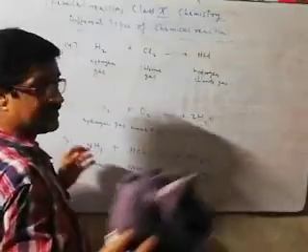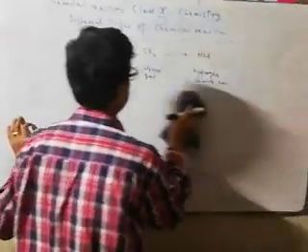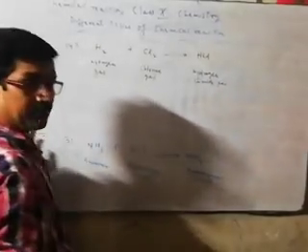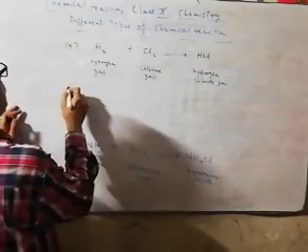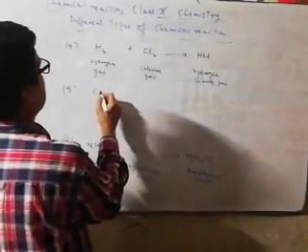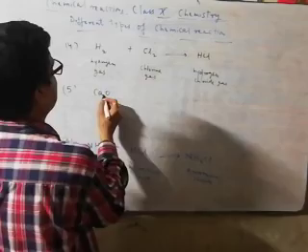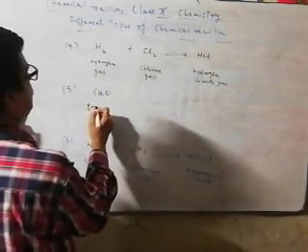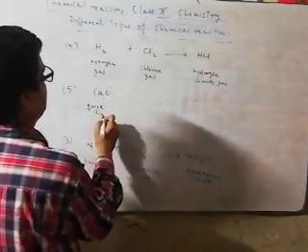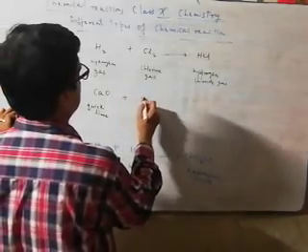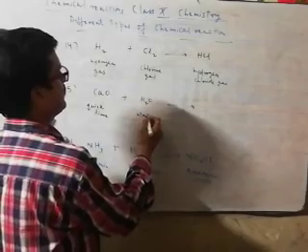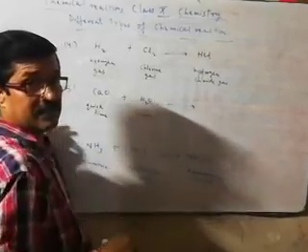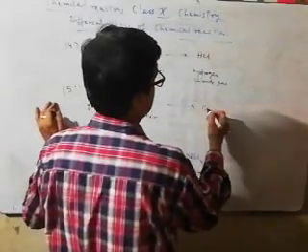So let us write the reaction of this chemical, calcium hydroxide, and how it is produced. Calcium oxide, also known as quicklime, when it reacts with water, gives a compound that is calcium hydroxide.